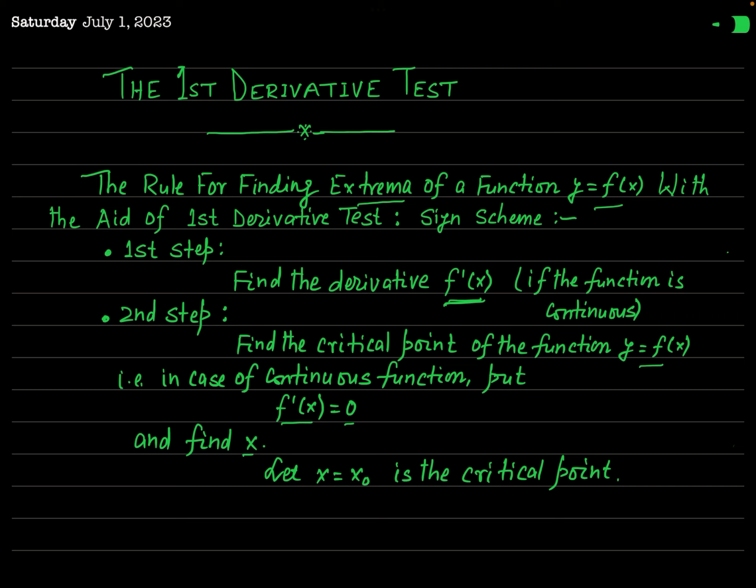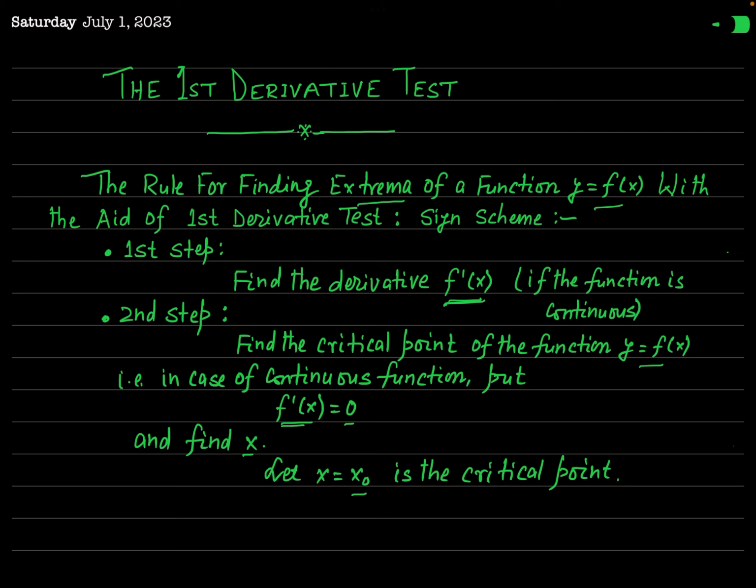The value obtained after solving f dash of x equal to 0 is denoted by the symbol, let us say, x naught, and this is called the critical point. This x naught may have one value or it may have more than one value. So there may be one or more than one critical points of the given function.